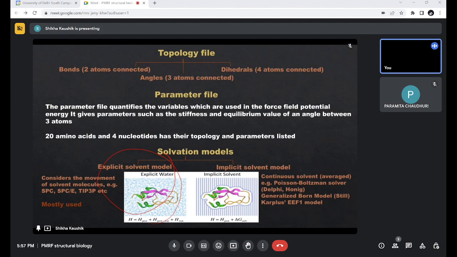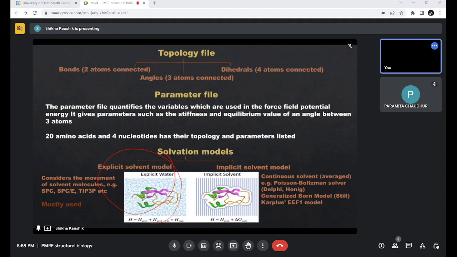This is definitely widely used for simulation, because it gives you a real scenario, and such calculations converge only slowly, because of the large number of particles involved. Every change is happening at a very slow level, which gives you a real scenario, because in reality as well, you have so many molecules and other proteins present, and a particular protein performs its function.